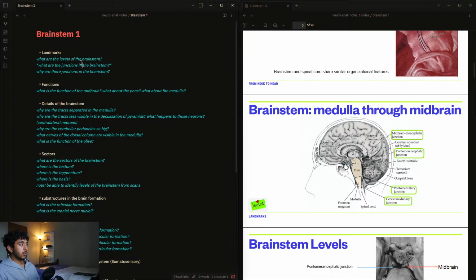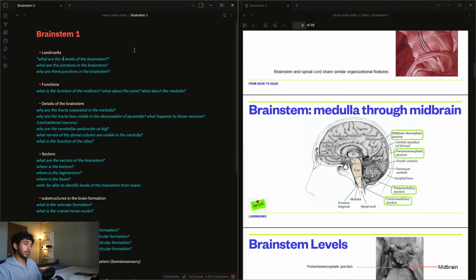So what are the 4 junctions of the brainstem? We have the midbrain diencephalic junction, the pontomesencephalic junction, the pontomedullary junction, and after the medulla there's one more, from the spinal cord to the medulla. So it's the cervicomedullary junction.